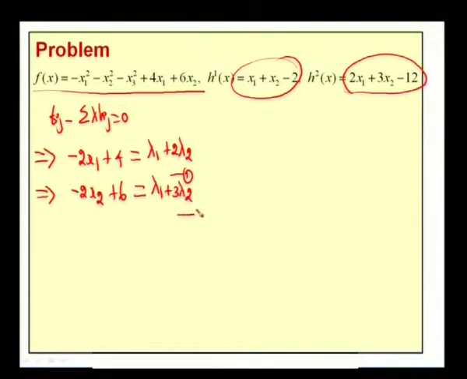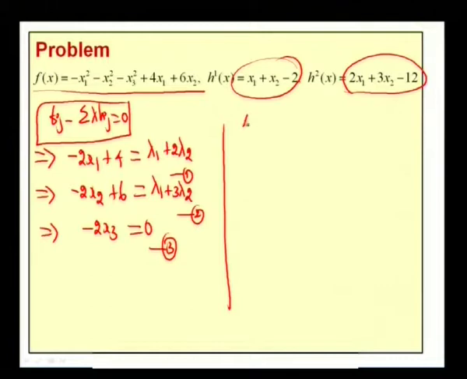So, this is the second one. And as far as the third variable x3 is concerned, the corresponding Kuhn-Tucker condition gives us minus 2x3 equal to 0. So, for the first Kuhn-Tucker condition, f_j minus summation lambda h_j equal to 0 gives us these three equations.